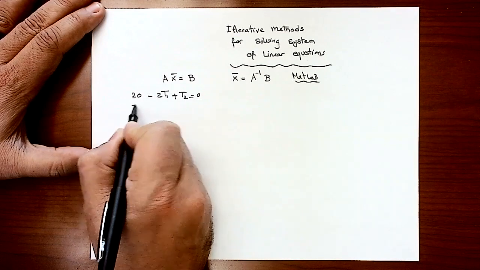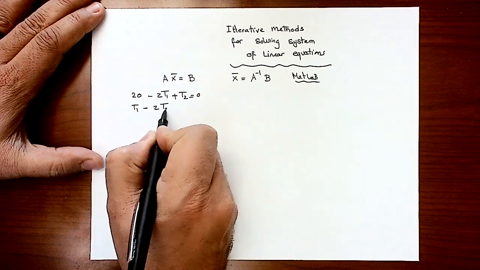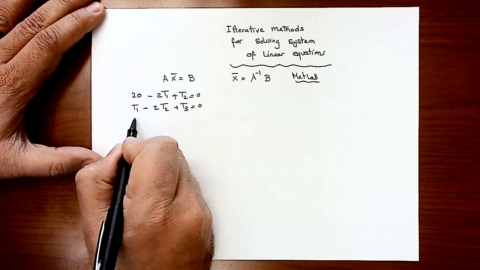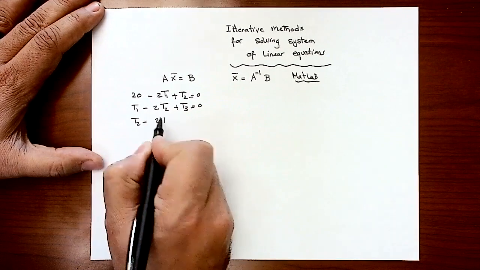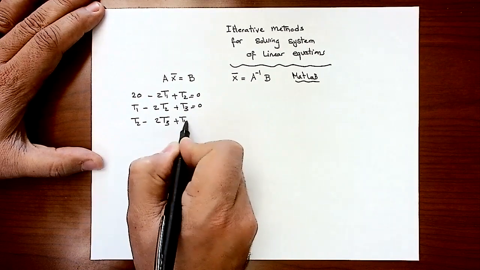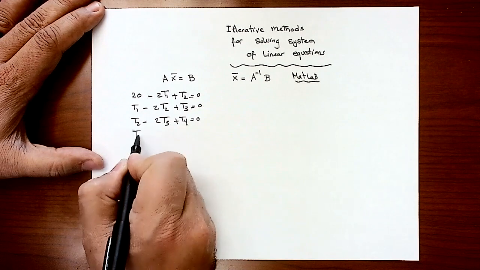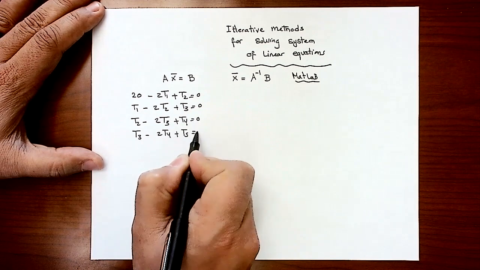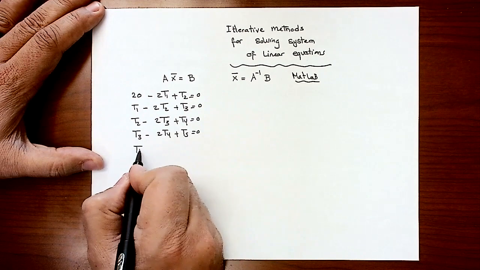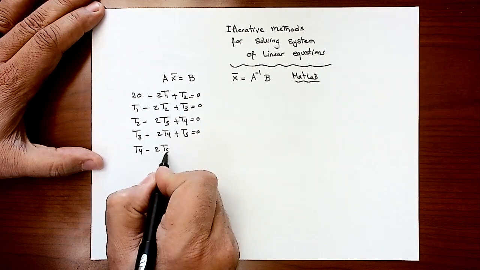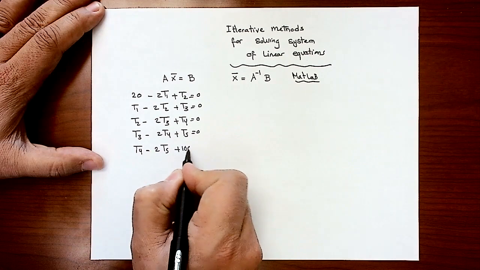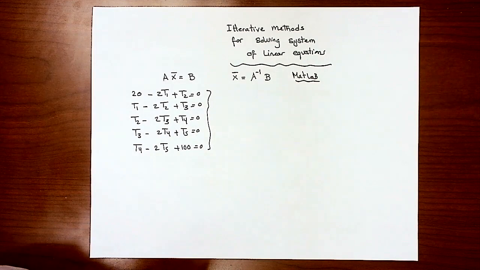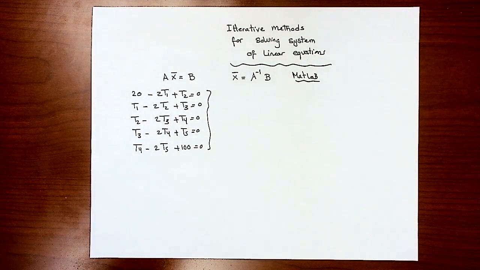For the second equation, t1 minus 2 t2 plus t3 equals 0. t2 minus 2 t3 plus t4 equals 0. t3 minus 2 t4 plus t5 equals 0. Then t4 minus 2 t5 plus 100 equals 0. This is the system of linear equations that I solved using MATLAB in the previous two examples.